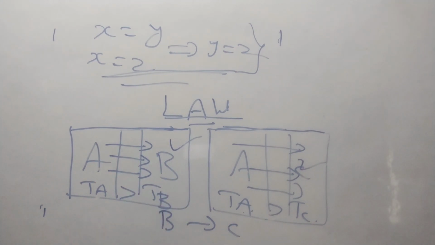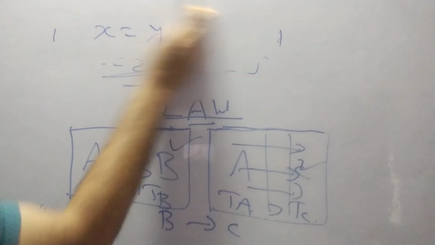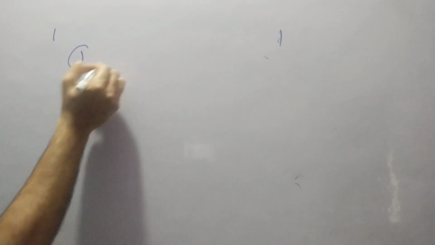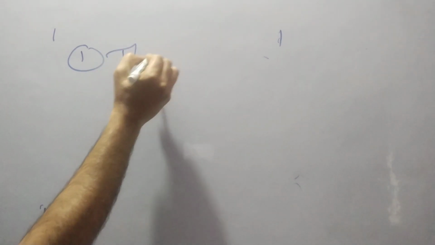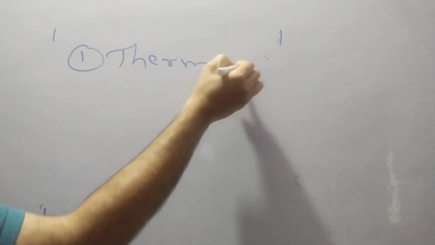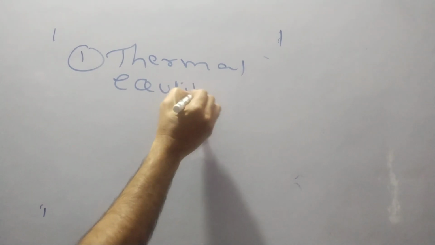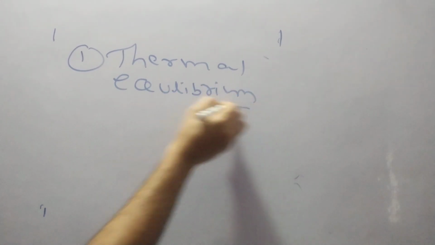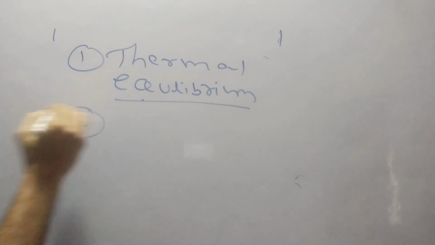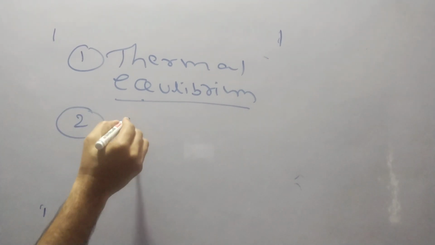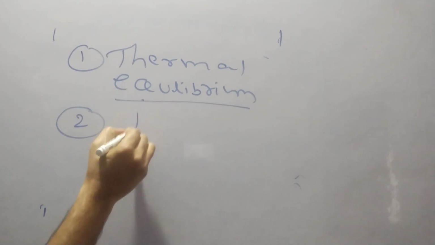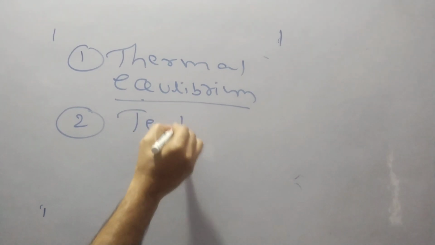Now I am summarizing again what the zeroth law is. To define the zeroth law, first we have to know what thermal equilibrium is: when temperatures are equal. And the important parameter in the zeroth law is temperature.